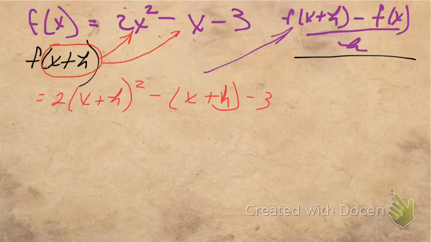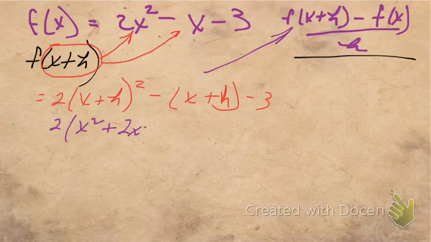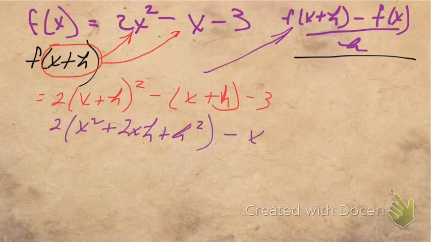You do the math, and you get 2 times, you FOIL that, x squared plus 2xh plus h squared, minus x minus h minus 3. You distribute that 2 over the x squared.